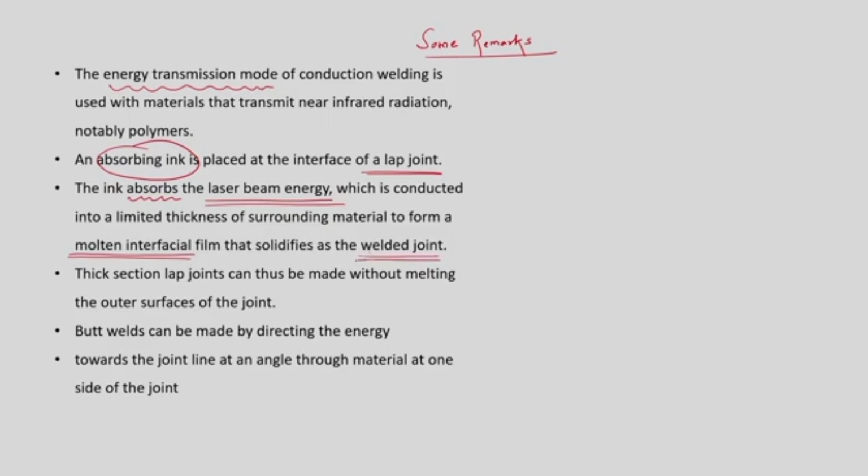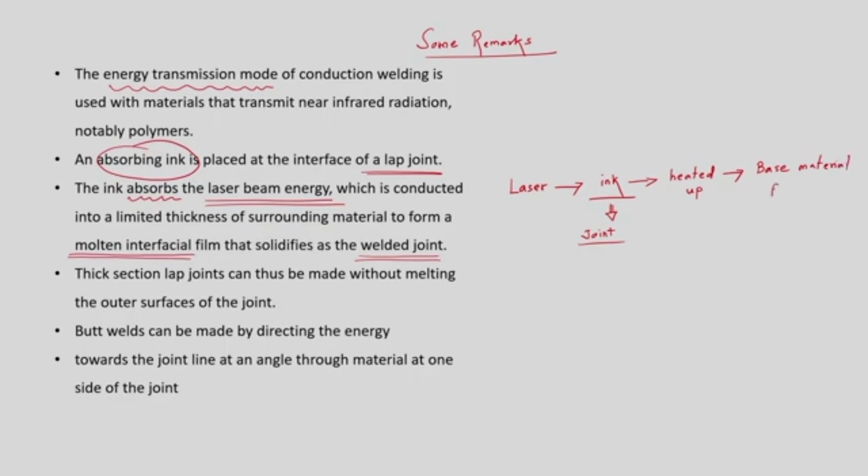So the process is that the laser is heating up the ink which is at the joint, and that ink is getting heated up, and that heat which is at the ink will be transmitted to the base material.